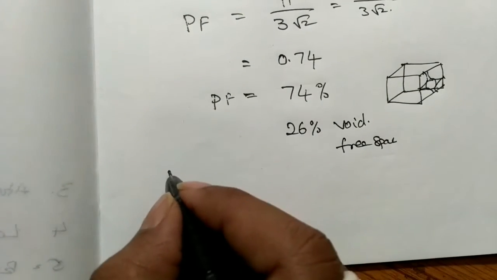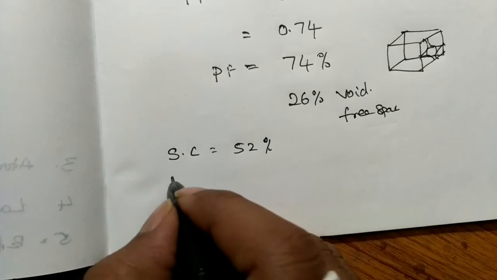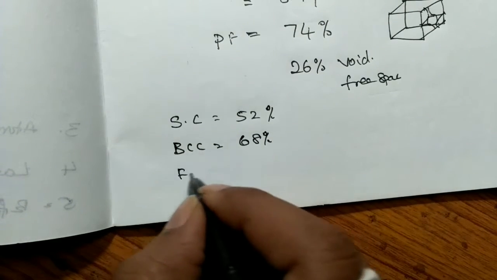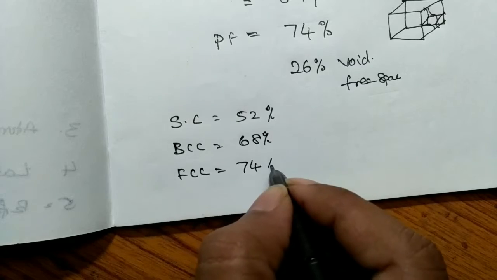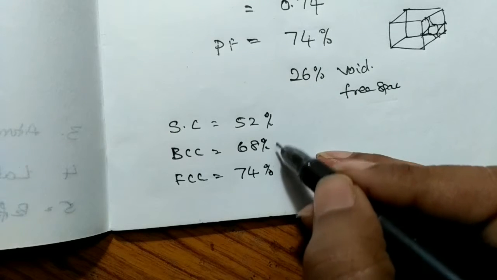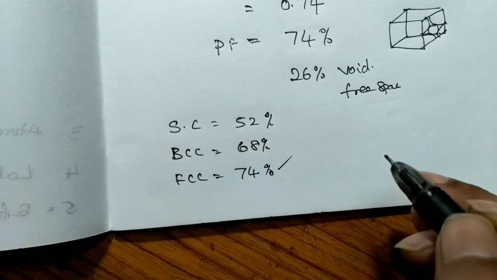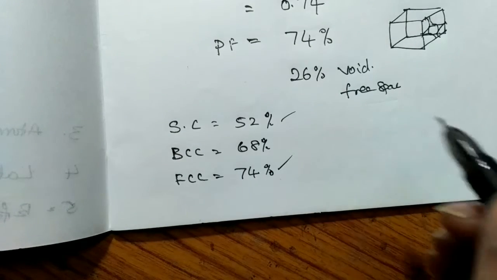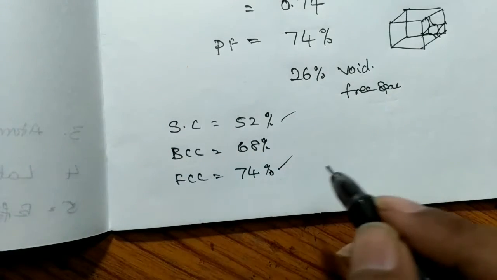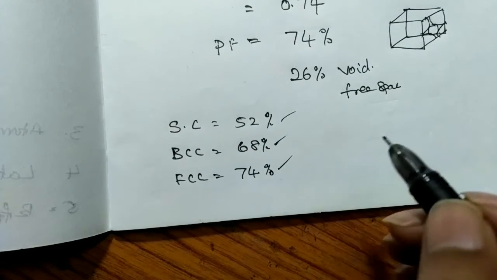So for simple cubic it is 52%, for BCC 68%, and FCC 74% occupation of atoms. So when compared to all, the most density is for FCC, very low density is for simple cubic. So these are the packing fractions of these three types of crystals.